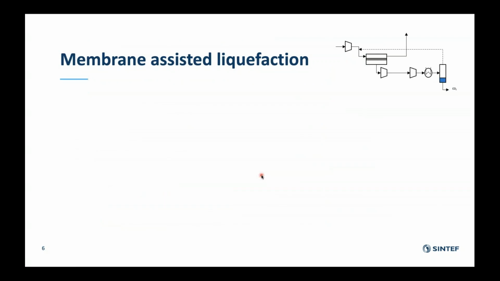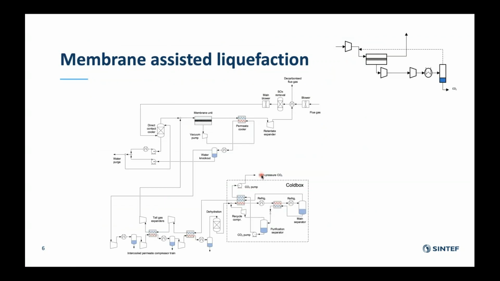So now we talk about the membrane-assisted liquefaction process, where we have the flue gas, which is compressed, then goes to sulfur removal, and is then compressed a bit more. It goes to a direct contact cooler, is mixed with some recycled gas, which we'll come to later, and goes to the membrane unit, where the CO2 is partially separated from the flue gas.